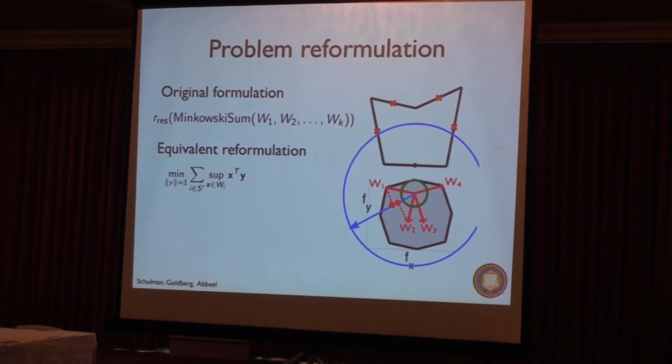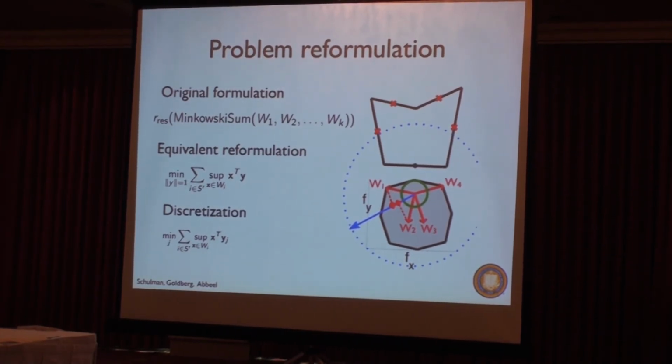And the nice thing about this formula, which involves minimization over direction of wrench space, is that we can approximately evaluate it by discretizing that unit sphere in wrench space. So by discretizing the unit sphere in wrench space, we can approximately evaluate the quality metric.